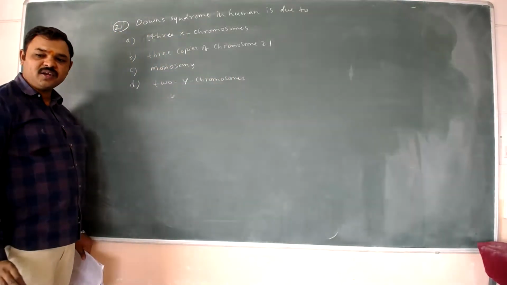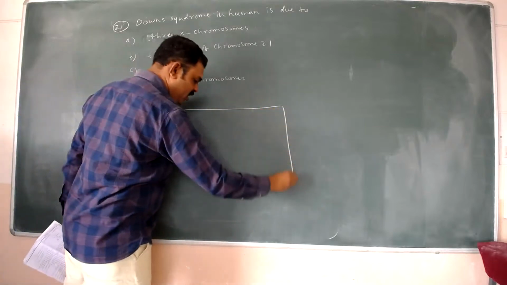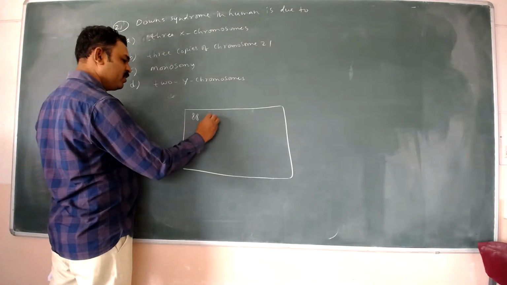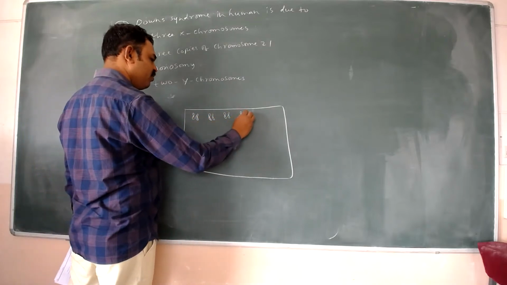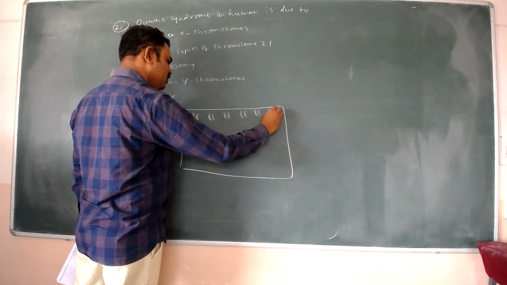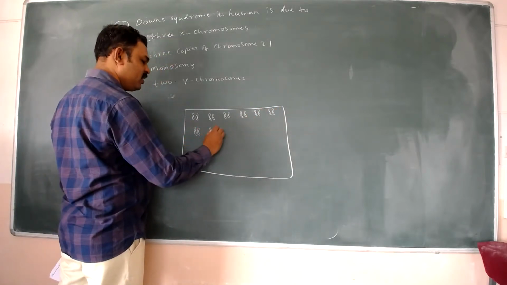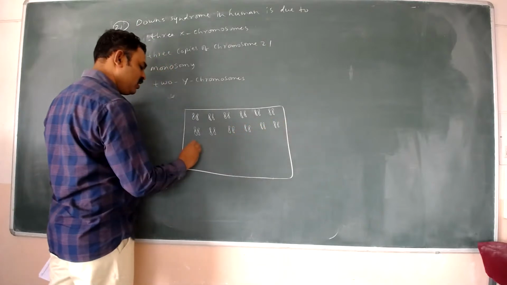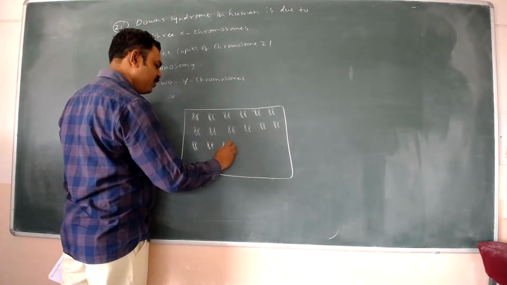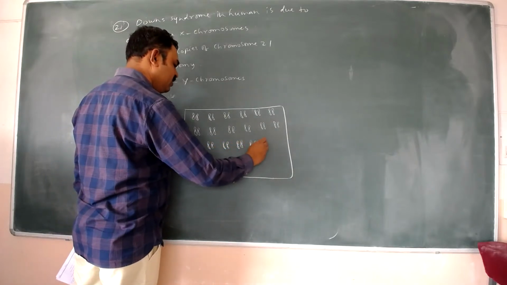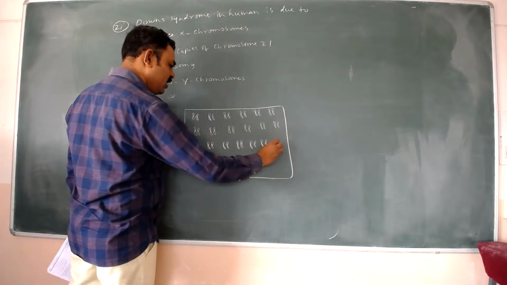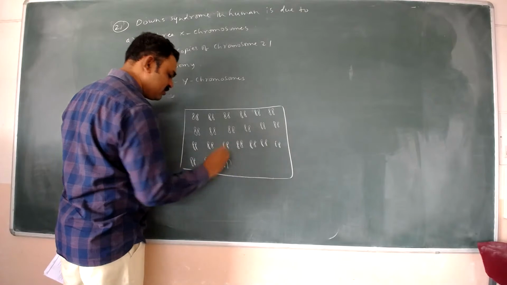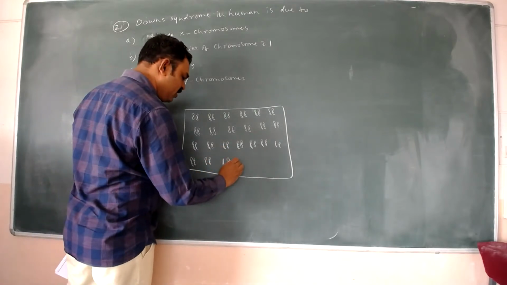What is Down syndrome? This is a human cell. Here, first pair, second pair, third pair, and so on up to the 22nd pair and the 23rd pair.